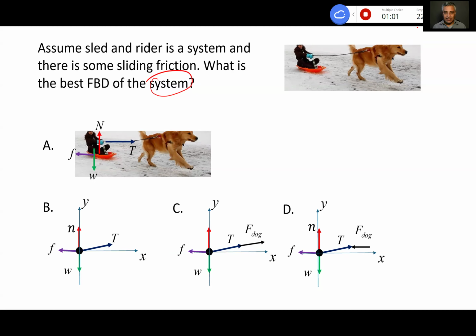Thirty more seconds. And 5 more seconds. 5, 4, 3, 2, 1 and it stops.